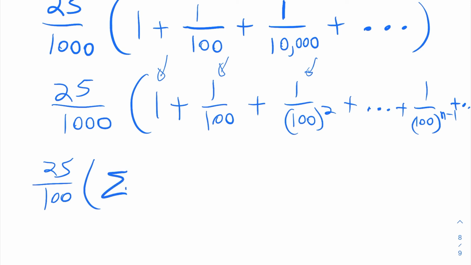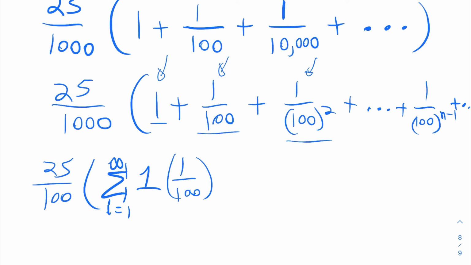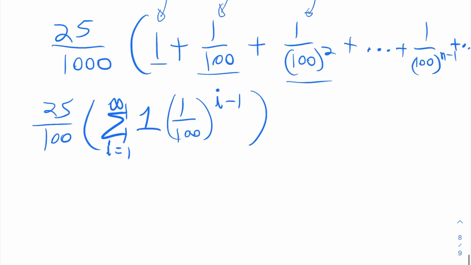So I can write this as the sum from i equals 1 to infinity of a1, which is 1, times r, which is 1 over 100, the common ratio between all these terms, raised to the power of i minus 1, which is an infinite geometric series.